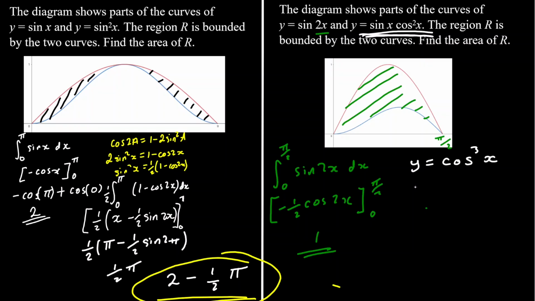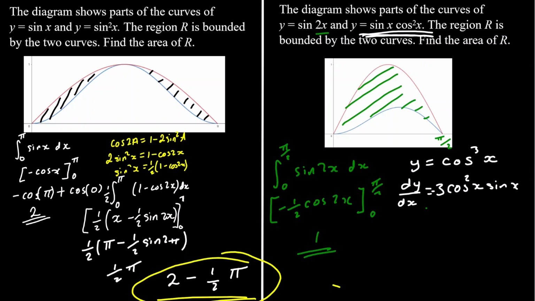So if we differentiated cos cubed x, dy dx would be times by the power, take one off the power, times the bracket differentiated. Cos differentiates to give negative sine. So that would be negative 3 cos squared x sine x, we don't want that. So we need to times it by minus a third.